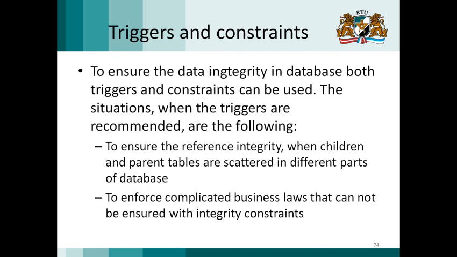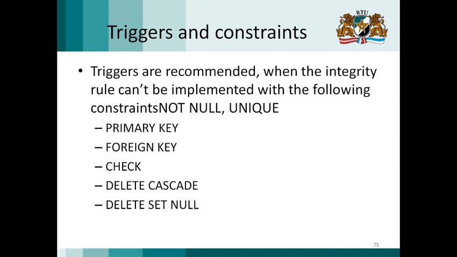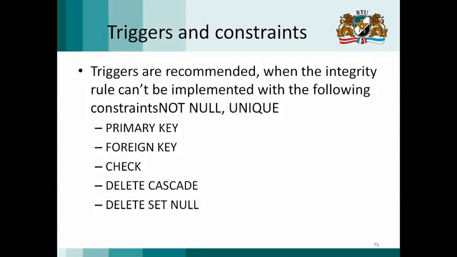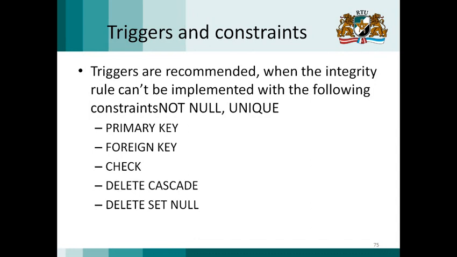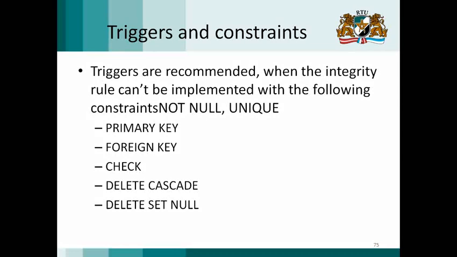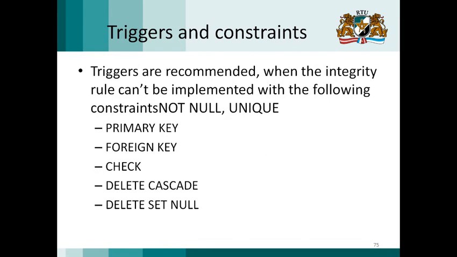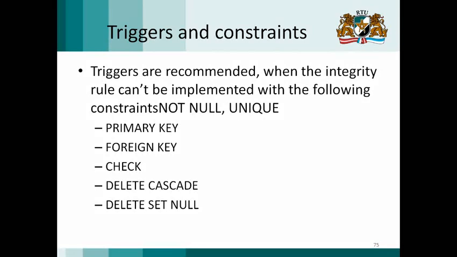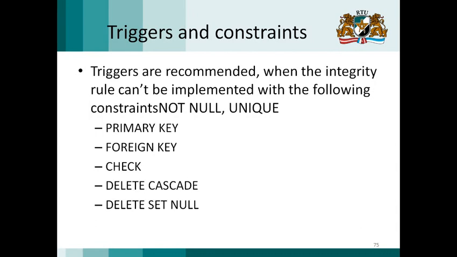When we need to enforce complicated business laws, they cannot be ensured with integrity constraints. And also, triggers are recommended when the integrity rule can be implemented with any of these following constraints. Not null, unique, primary key, foreign key, check, delete cascade, delete set null. So if we can't do it with these constraints, then we might try to do it with triggers.